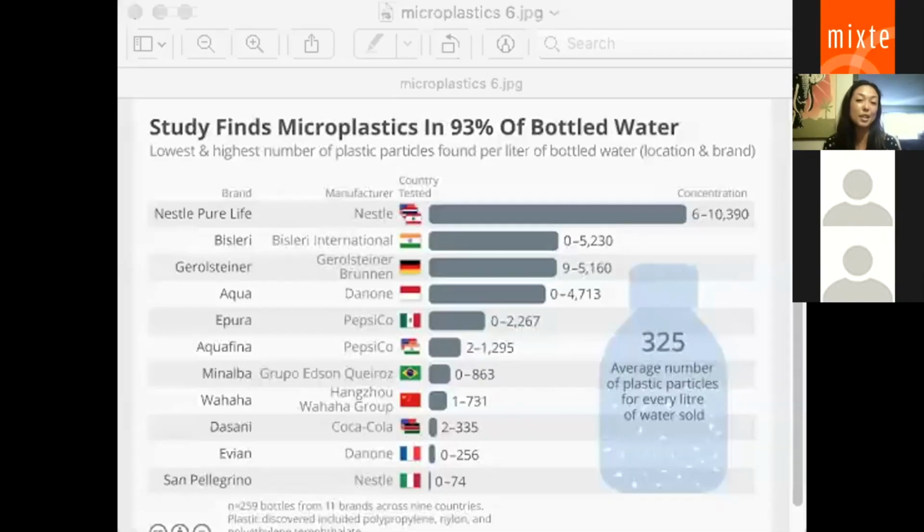So I have a really good slide to show you about microplastics being found in bottled water. We know that they are in beer, tap water, bottled water as well, salt. Obviously seafood, if we have microplastics in the ocean and we have all of our marine life there as well.